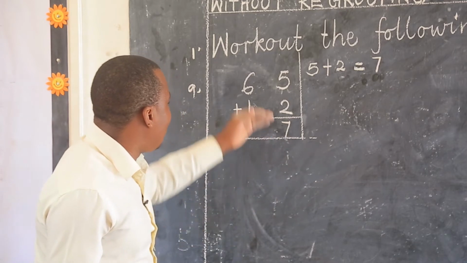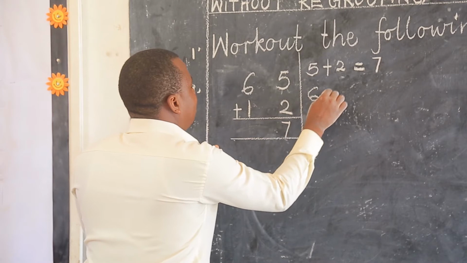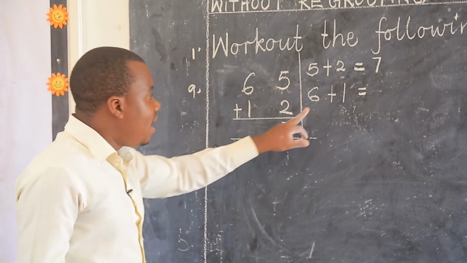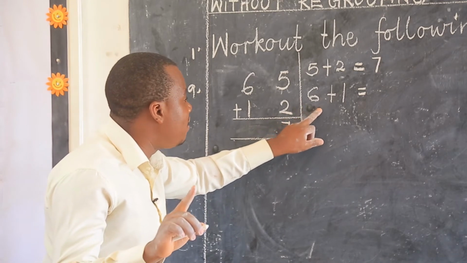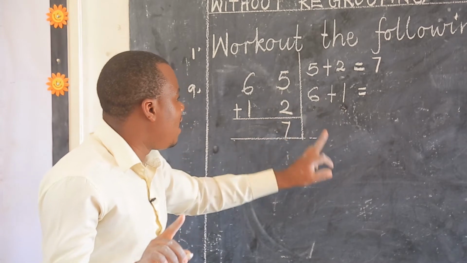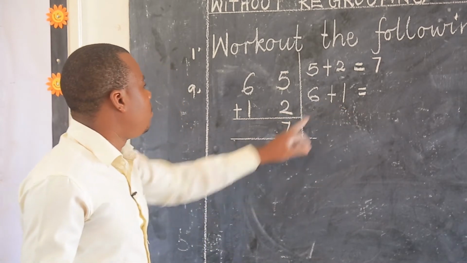Then after that, I get the next place value. That is 6 plus 1. And what is 6 plus 1? If you have no answer, you can draw 6 balls and then 1 ball. Then after that, I count 6 and add there. So this is 6.